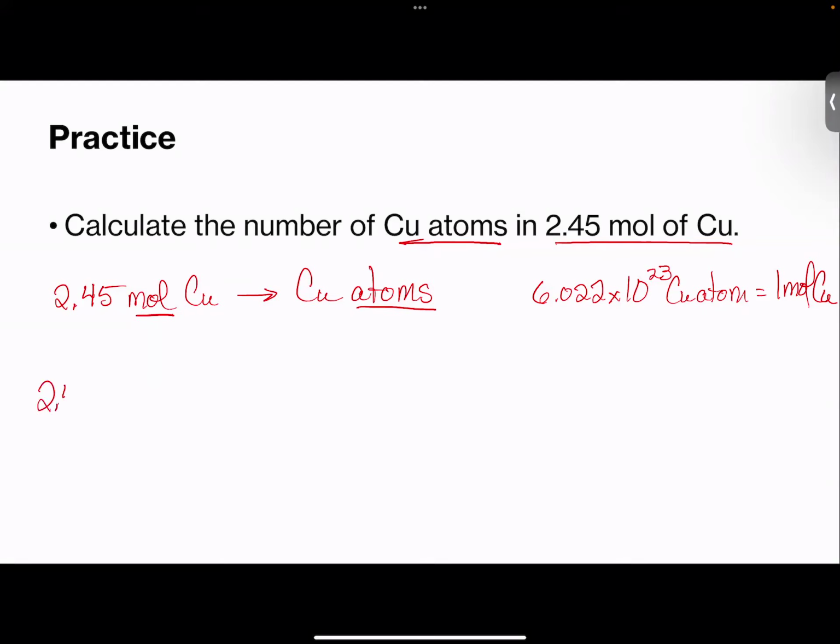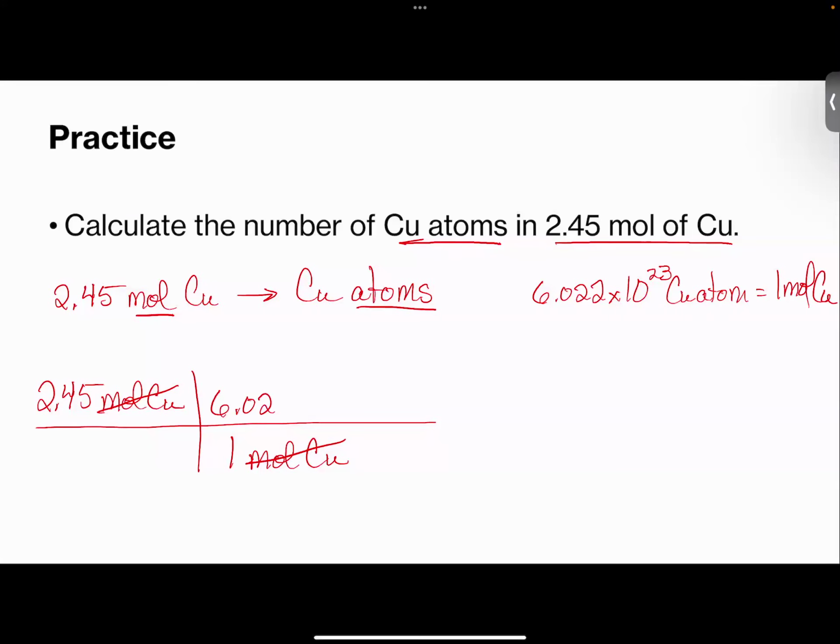I start with the 2.45 moles of copper. Of that Avogadro's number, the mole of copper goes in the denominator. The mole of copper had to go in the denominator so that the unit and the substance would cancel. The 6.022 times 10 to the 23rd copper atoms goes in the numerator.